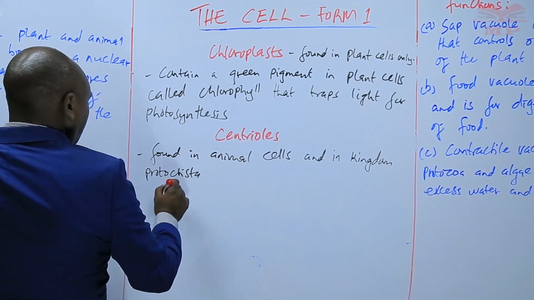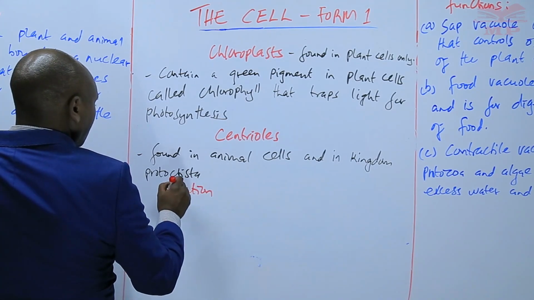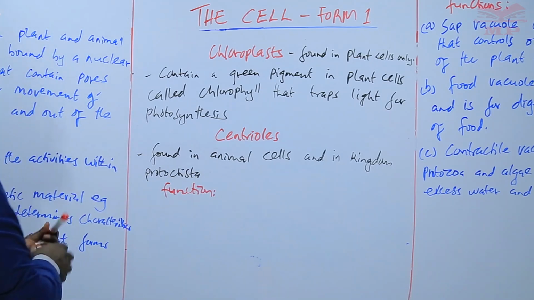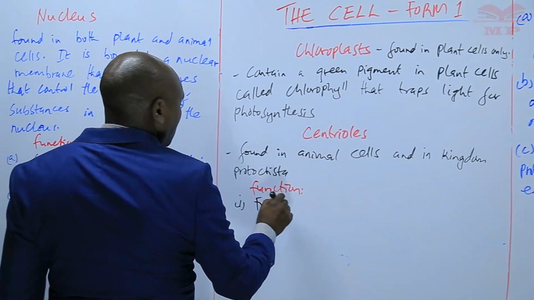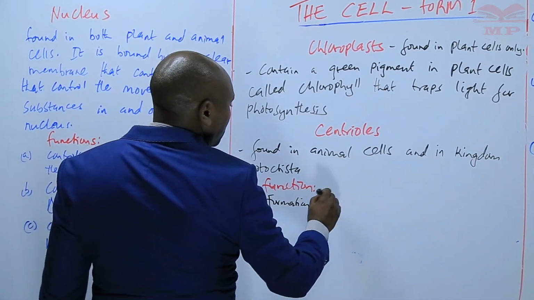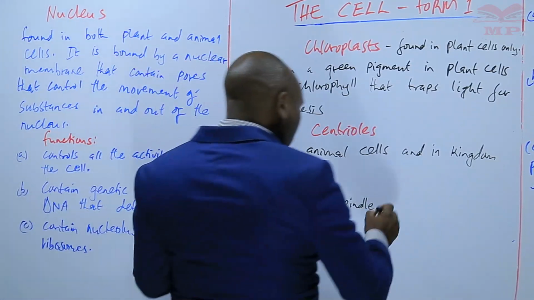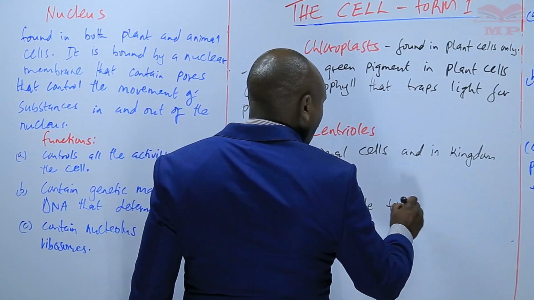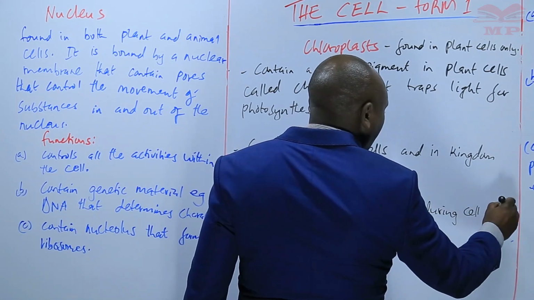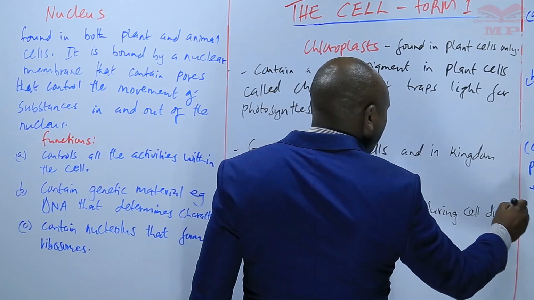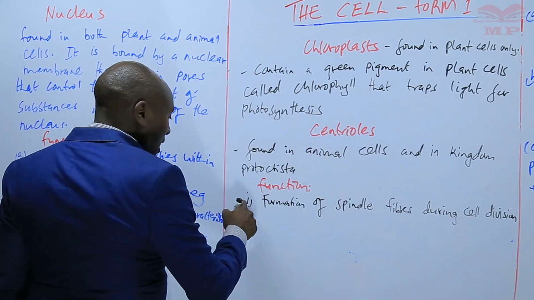Function. They are for the formation of spindle fibers. The centrioles form spindle fibers during cell division, when the cell is dividing. Cell division is a process that we shall cover much later in other topics to come.